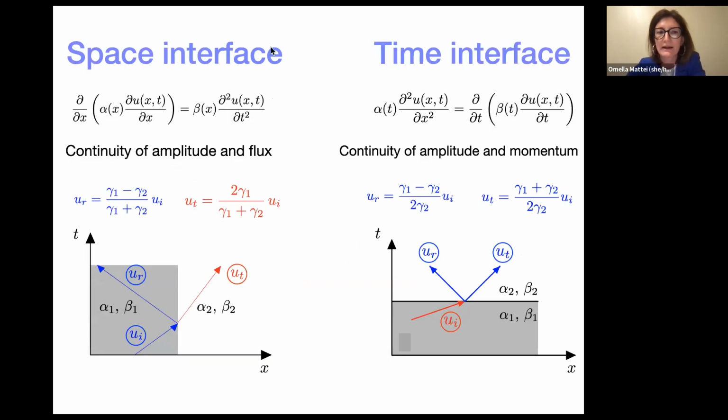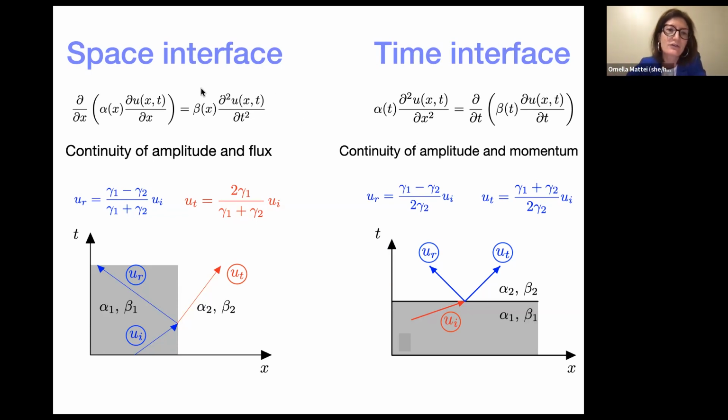So let's actually compare the two cases, what happens at the space interface and what happens at the time interface. If you just compare the two equations, you see that they are basically equal to each other if you replace the space variable with time and the coefficient alpha with the coefficient beta.